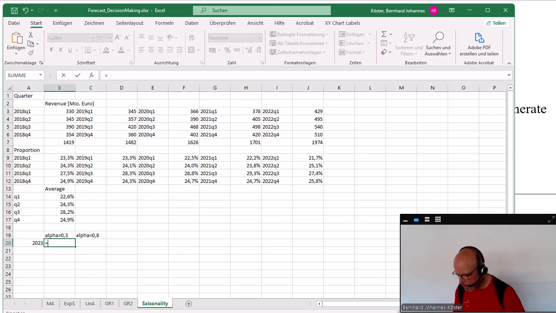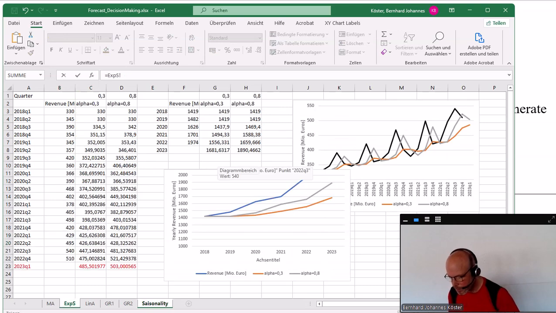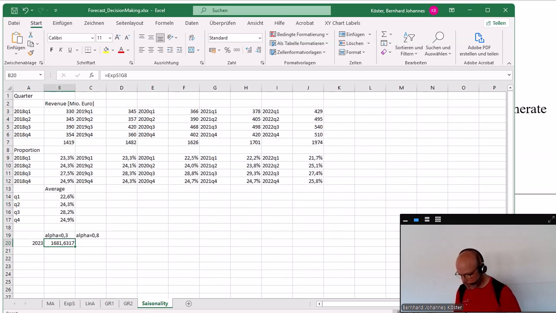And this was this number and this number.